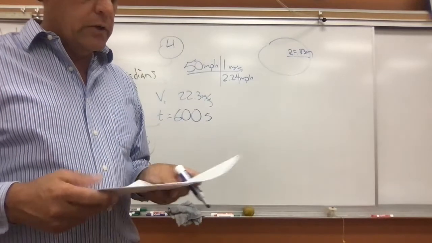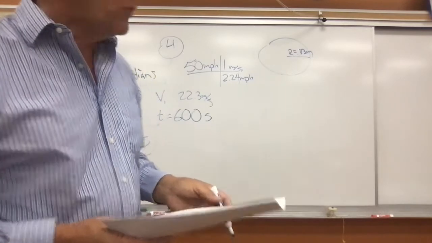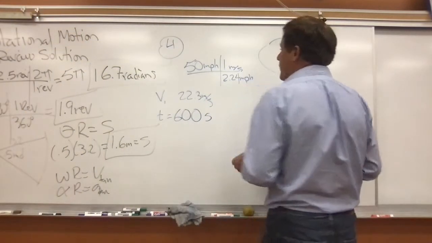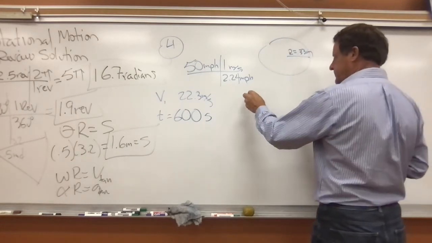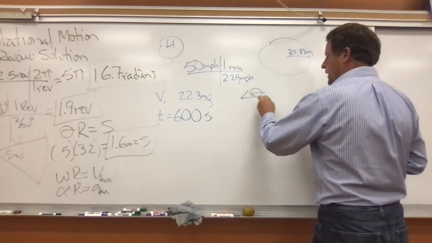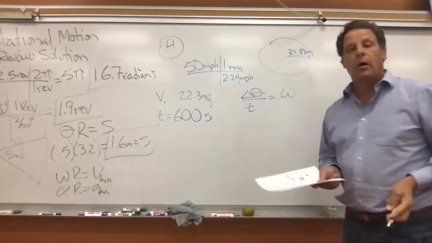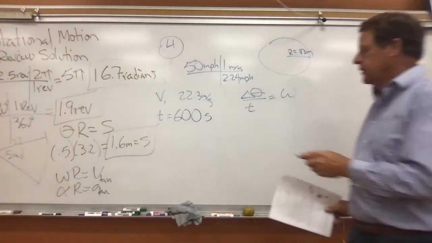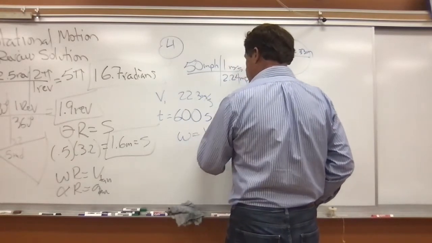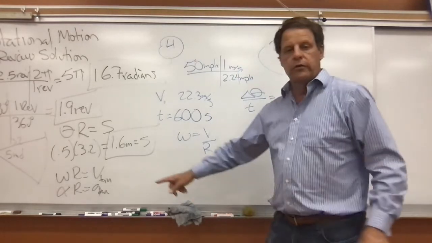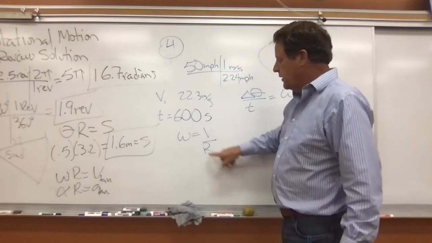And we want to know, for number 4, how many revolutions. So we're looking for the angle. The change in theta over the change in time is equal to omega, our angular velocity, and our angular velocity is equal to V over R. If omega R is equal to V, then V over R is equal to omega.